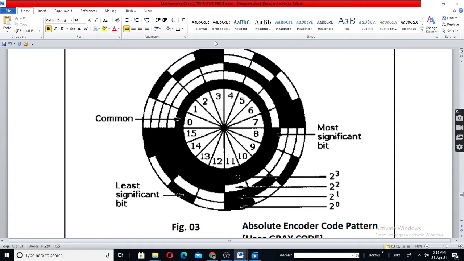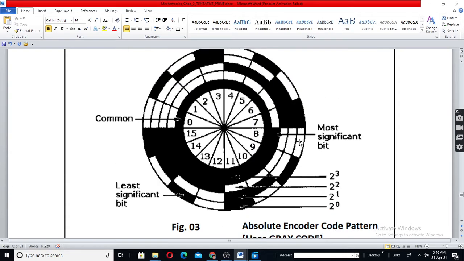0 0 1 1, like that. 0 1 0 0, 0 1 0 1, 0 1 1 0, 0 1 1 1. Next 1 0 0 0.